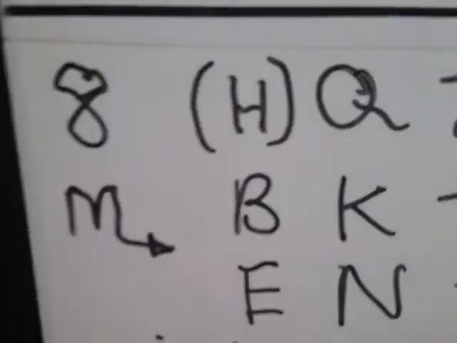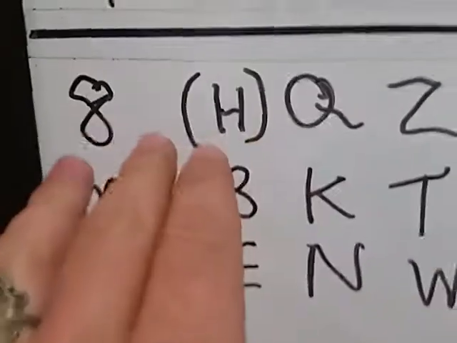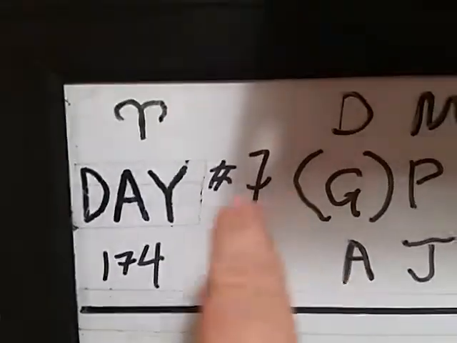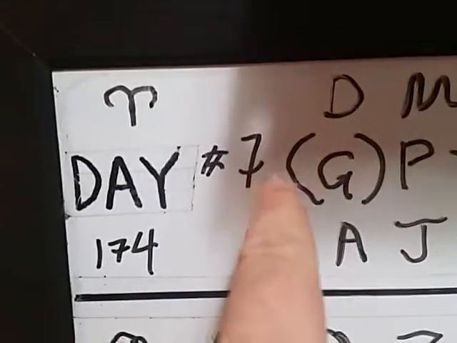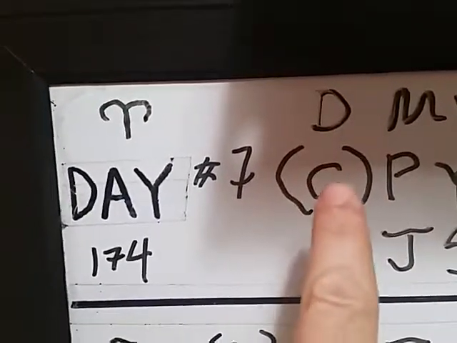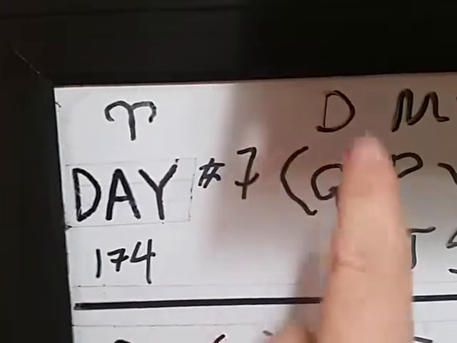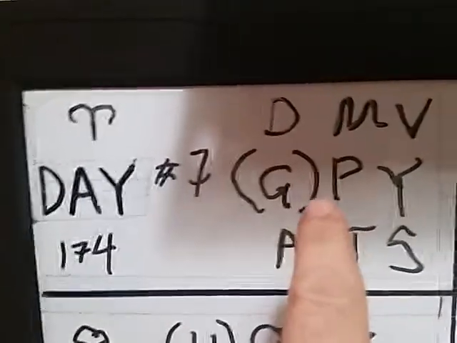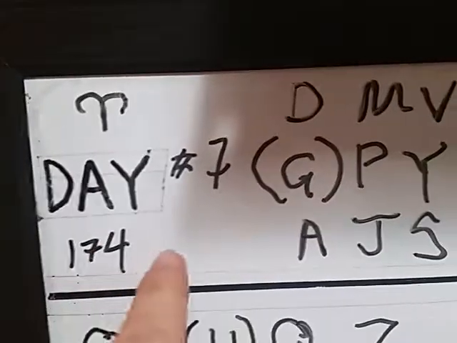Okay, so now we see this 8th day, okay, and it's the 7th day of the week alignment. So you'll see G is the 7th letter, so it gets the bracket here. All right, the frequency is 174.